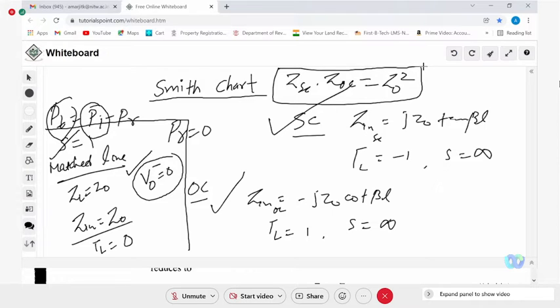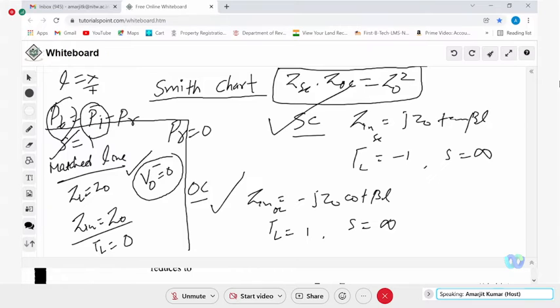So three cases we have seen. Some other case we can discuss. Suppose the length of the transmission line is lambda by 2, half wavelength line.